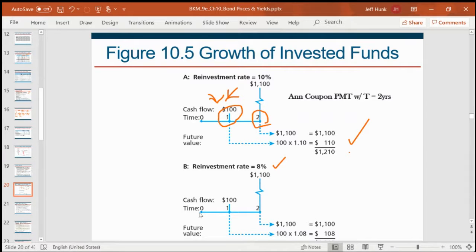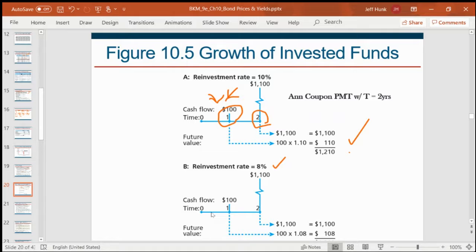Then your principal of, this is not principal anyway, because it's par value, right? But anyway, there will be 1,000, but although we're talking about the bond, we're simply going back to the single cash flow future value model.